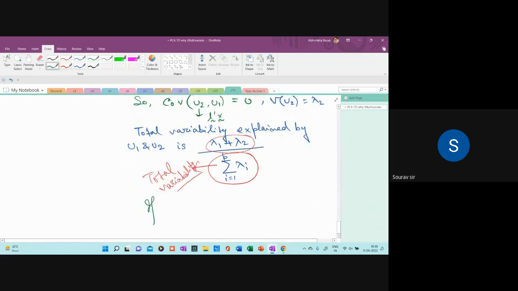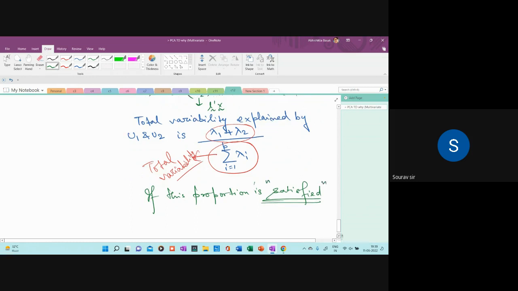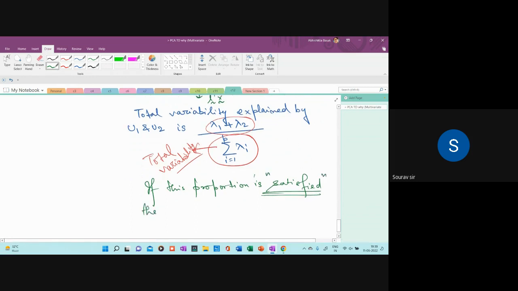If this proportion condition is satisfied, again I am putting this word under quotes, satisfied, then stop or continue the process.